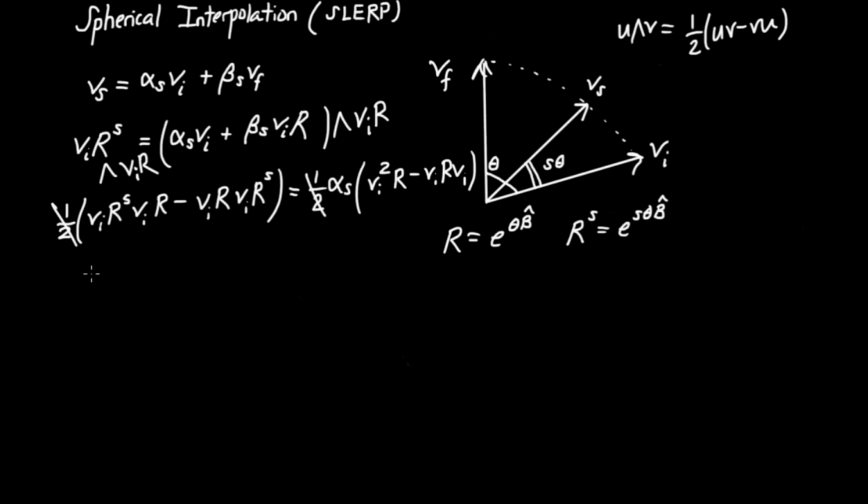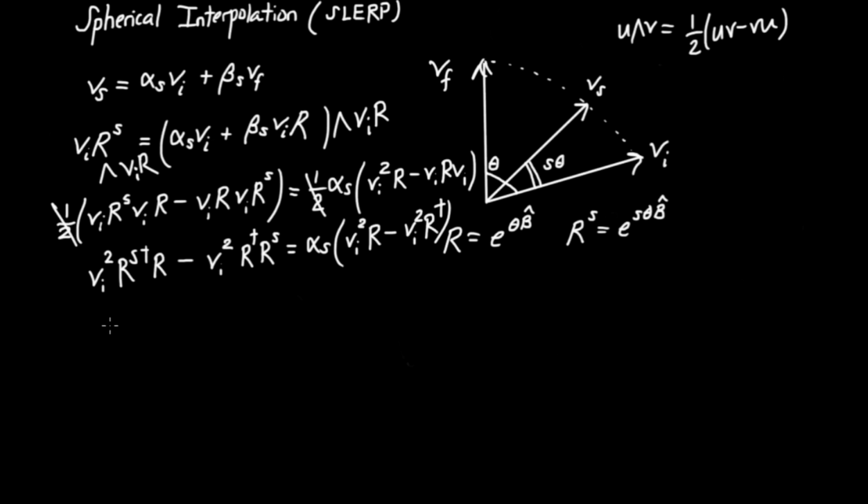So this first term is actually equal to VI squared R to the S dagger times R, minus, I'm going to do the same thing with respect to VI and R over here, and I'm going to get VI squared R dagger R to the S. And I'll do that once more with this term over here with respect to VI and R. So this is equal to alpha sub s times VI squared R minus VI squared R dagger.